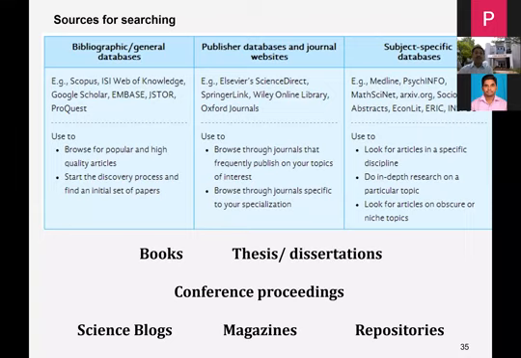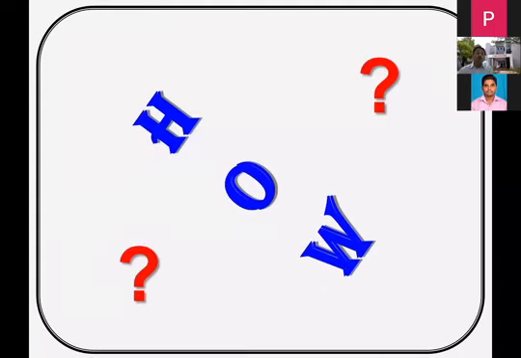They just submit a thesis or dissertation, or they only present in conference proceedings, or they have their own blogs, or they just deposit in repositories, or they write news articles or magazines. So you have to look for all the places other than journal articles like books, book chapters, thesis, conference proceedings, science blogs, magazines, repositories, and so on.